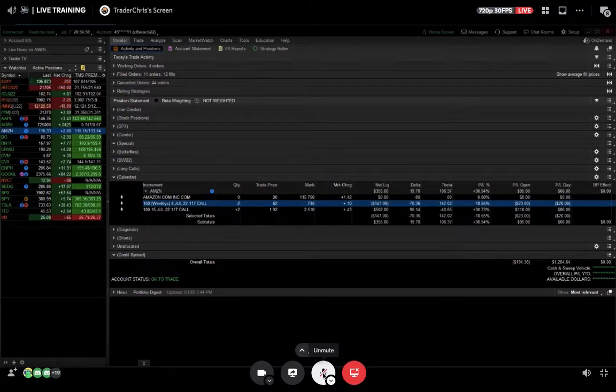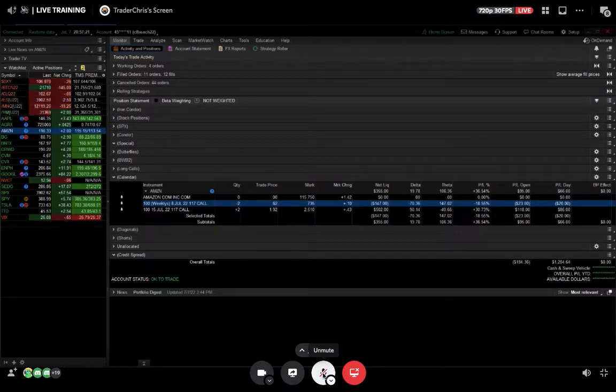And twice this week, it got within the wing or the goalpost, and at the last second, it moved up or down. I haven't done a double calendar.